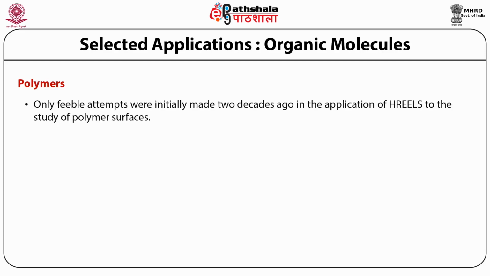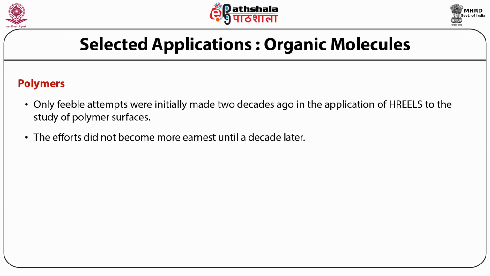Application of HREELS to polymers. Only feeble attempts were initially made two decades ago in the application of HREELS to the study of polymer surfaces. The efforts did not become more earnest until a decade later.